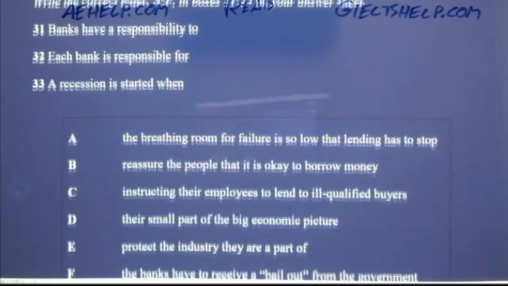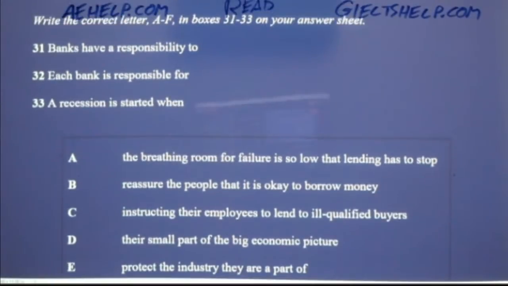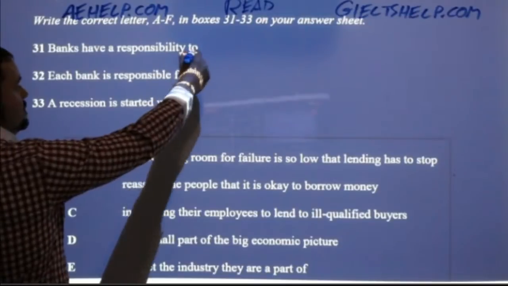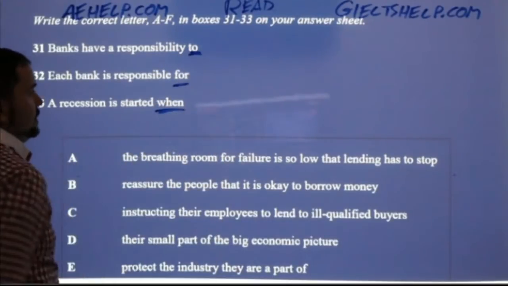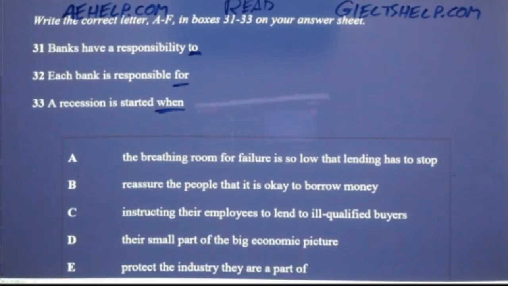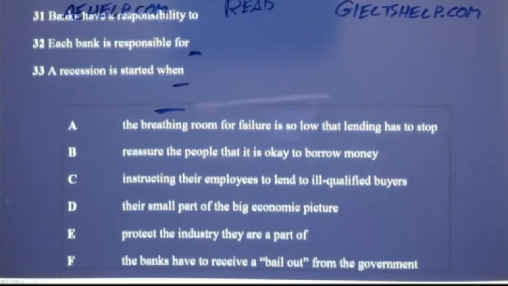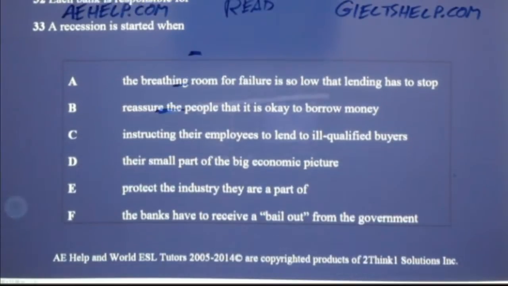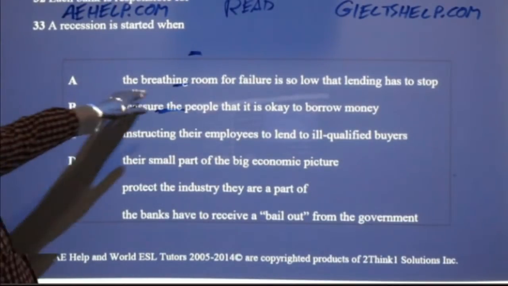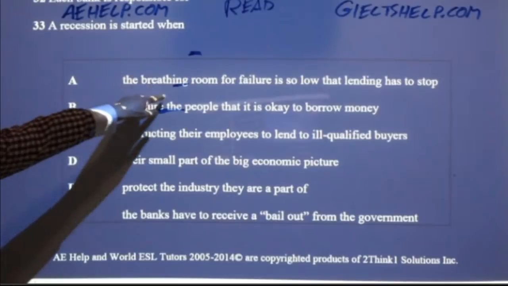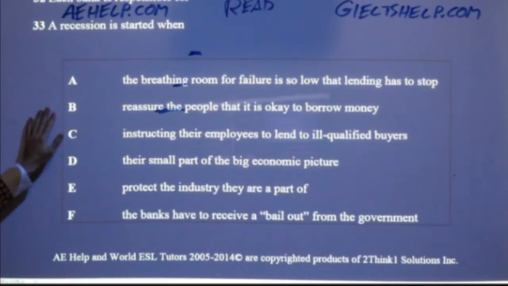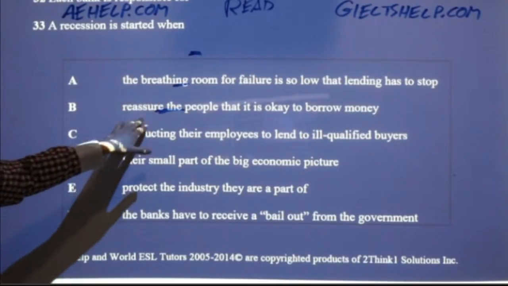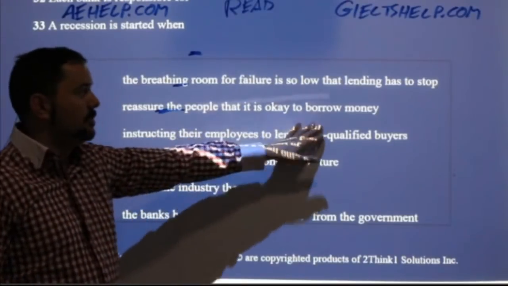Okay, so let's see if there's something that matches. Now, pay attention to these prepositions, okay, and words that are joining, because that will help to figure out the right one, okay? So banks have a responsibility to the breathing room. Nope, to the breathing room doesn't make sense. Banks have a responsibility to reassure the people that it is okay to borrow money.